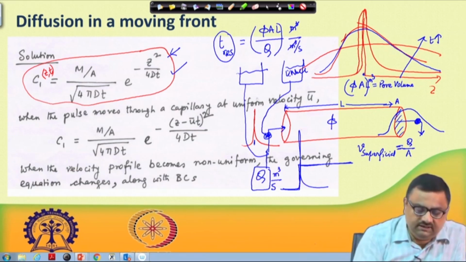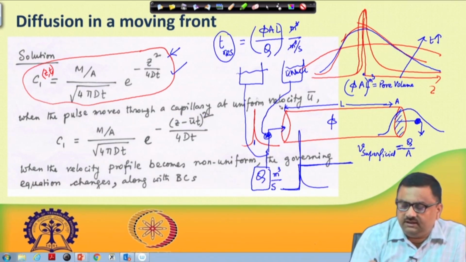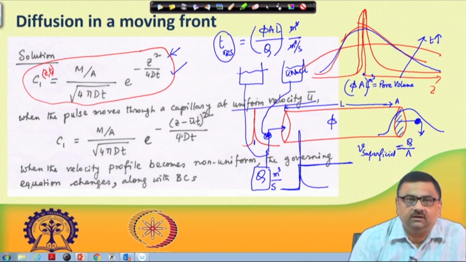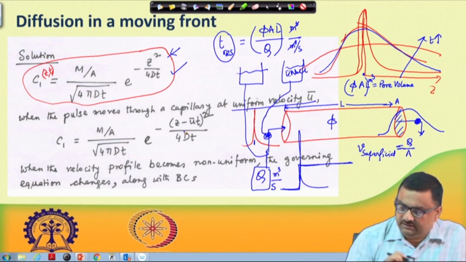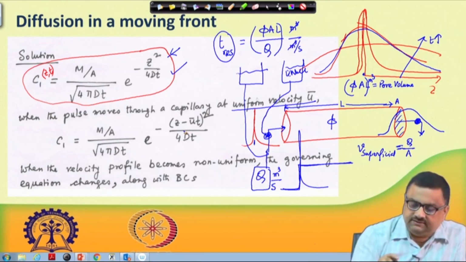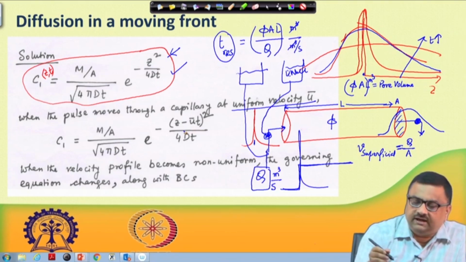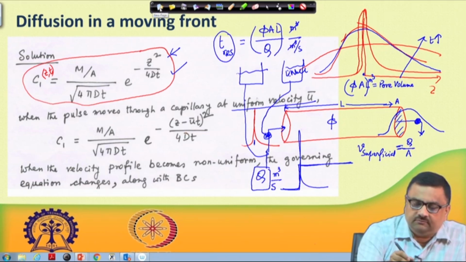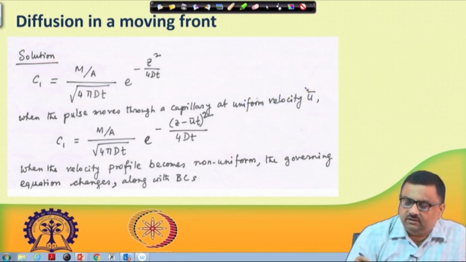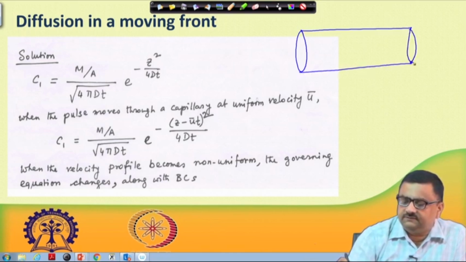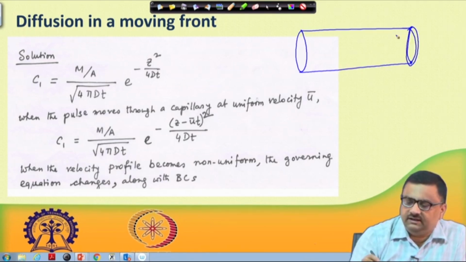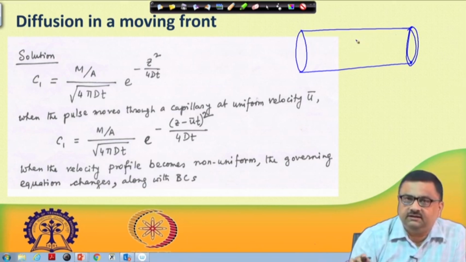You can see the only change when the pulse moves through a capillary at uniform velocity u bar. The pulse moves through the capillary, so not a porous medium as such; we have gone to a capillary. With this understanding, suppose we have a pulse going through a capillary of cross sectional area A. Here it is just an open capillary, not a porous medium.